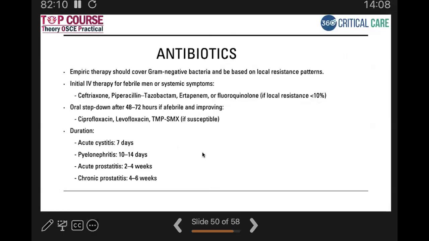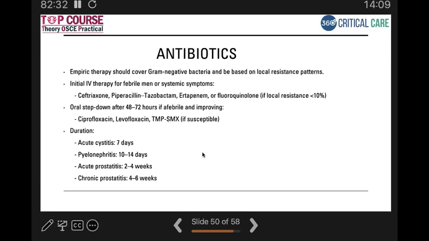Okay. Coming on to antibiotics, both the guidelines suggest that when a male population is having a complicated UTI, the most common organisms are gram-negative organisms. You start with IV therapy: ceftriaxone, Pip-Taz, ertapenem, meropenem, or fluoroquinolones, as per the antibiogram.